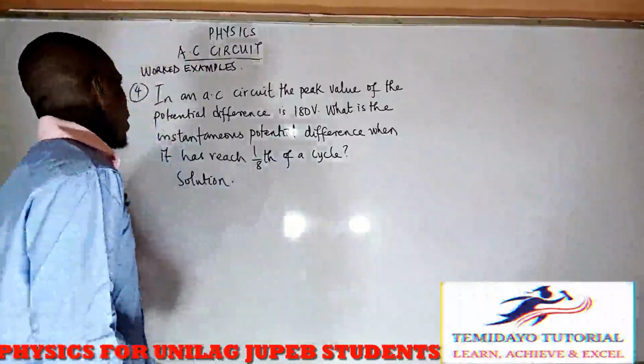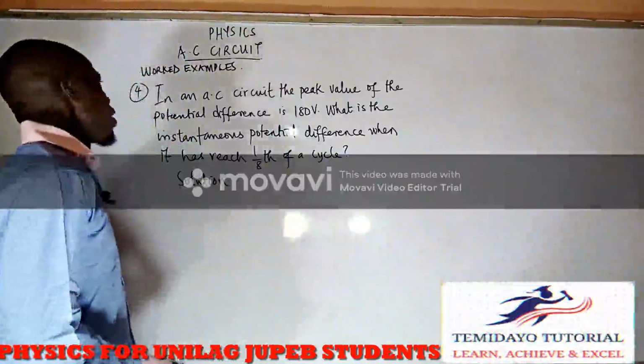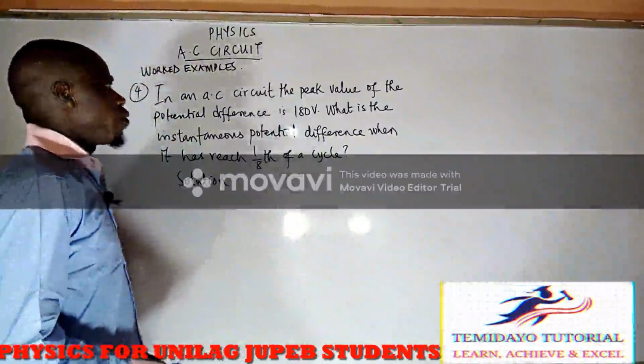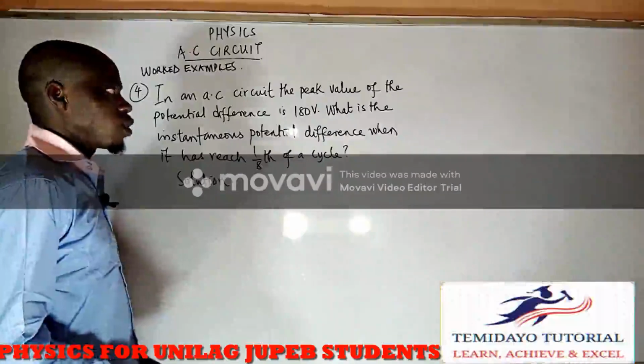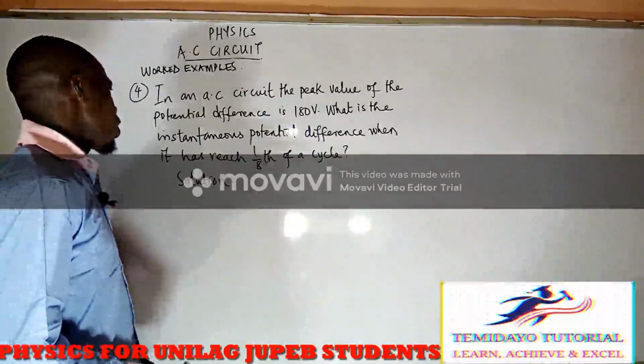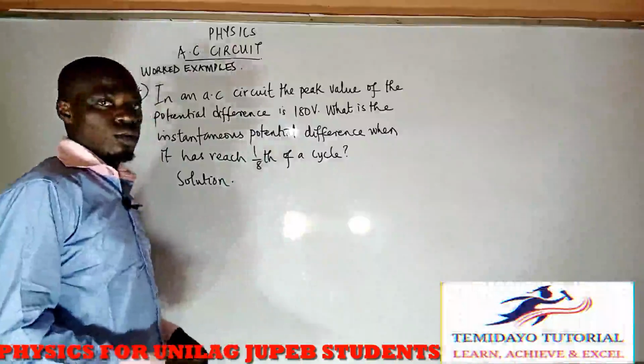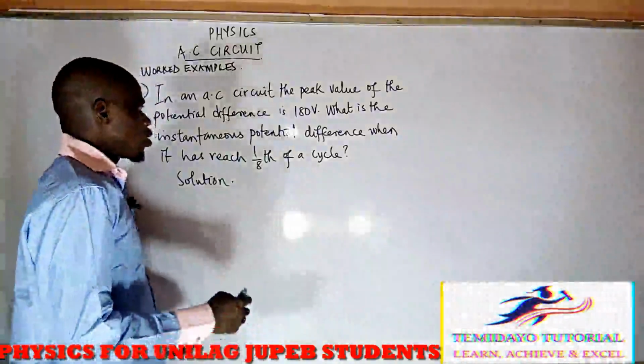The fourth example on this AC circuit, like we said. Now in an AC circuit, the peak value of the potential difference is 180 volts. What is the instantaneous potential difference when it has reached 1/8 of a circle? Now in this case, what are we given?